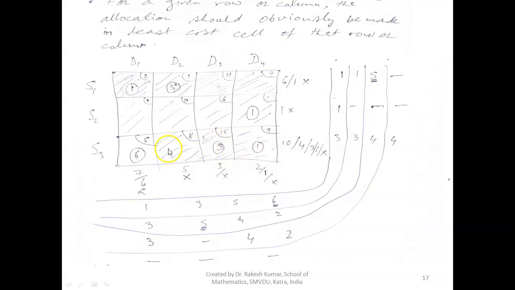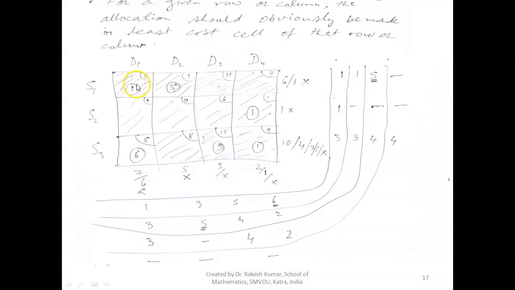Otherwise you can also do this; there is no need of finding differences, because only this one row is left. So put 3, remaining 3 over here, and 1 over here, so that all the supplies are finished and all the demands are also satisfied.